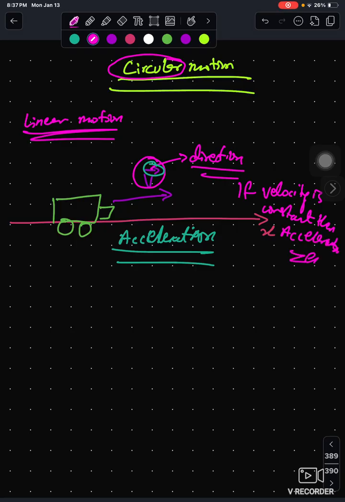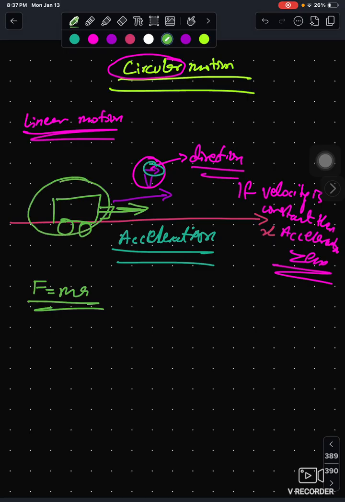Now, to see what the forward force is, we would say F equals ma, mass of the truck or car times its acceleration, and there is friction as well. Weight is also there, and should be down here.